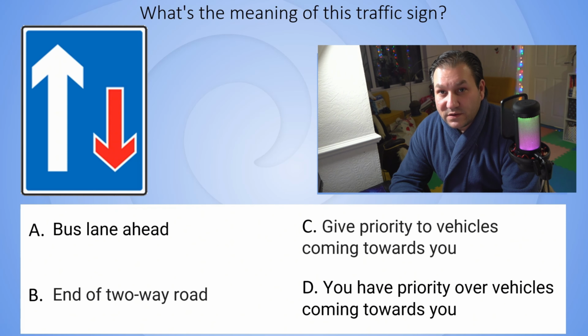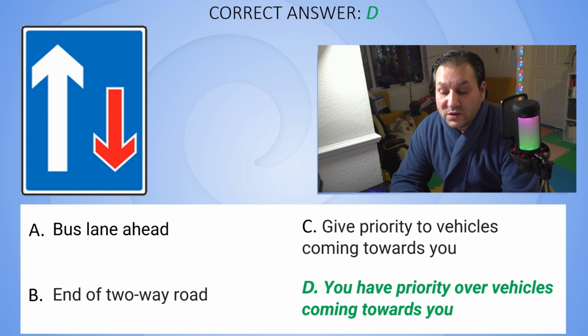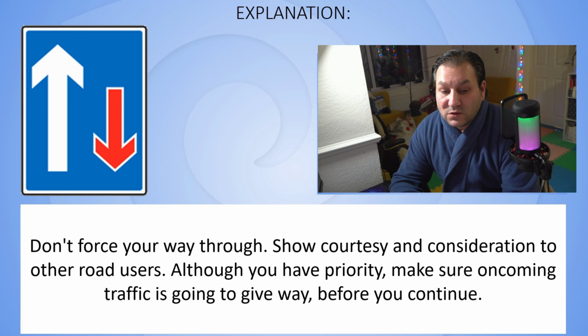The correct answer is D. You have priority over vehicles coming towards you. Explanation. Don't force your way through. Show courtesy and consideration to other road users. Although you have priority, make sure oncoming traffic is going to give way before you continue.